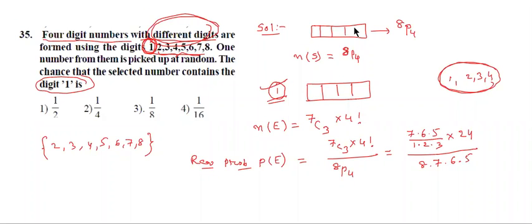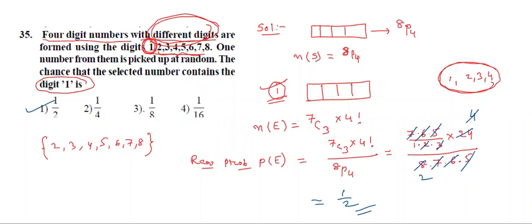Now calculate this. 2, 3, 6, yes, these are cancelled. 5, 5 cancelled. 7, 7 cancelled. 6 4s are 24, 4 2s are 8. Overall, the answer is 1 by 2. Which option is correct? First option.